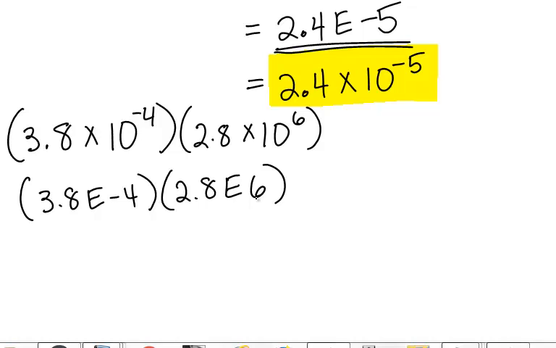Right? So I would have parentheses 3.8, second function above the comma, the EE, negative 4, close the parentheses, parentheses 2.8 e, whoops, wrong one, e to the 6th.